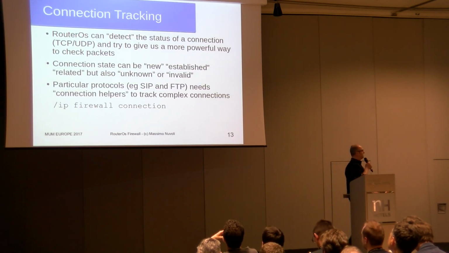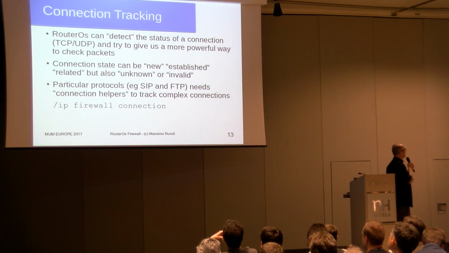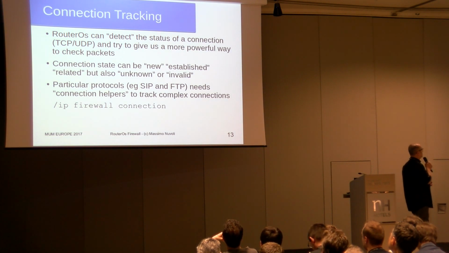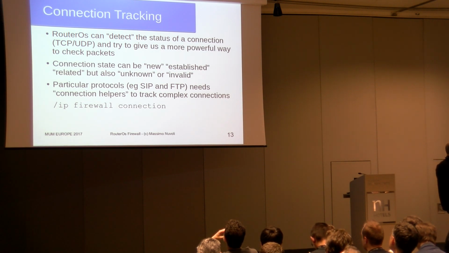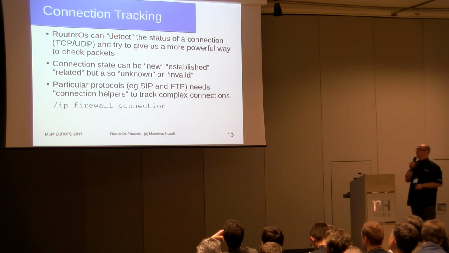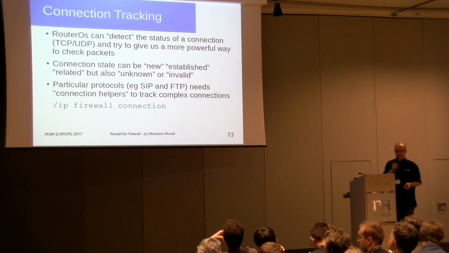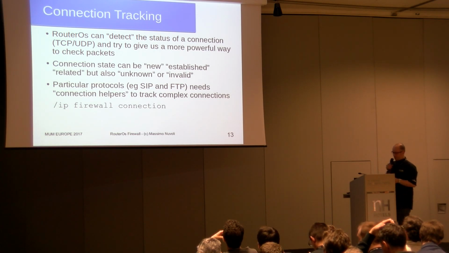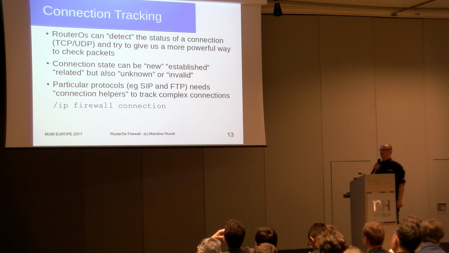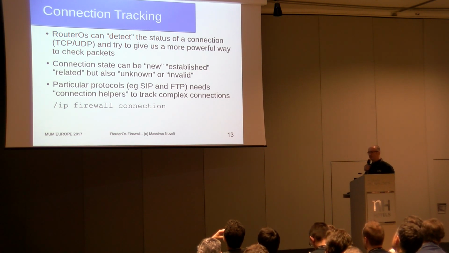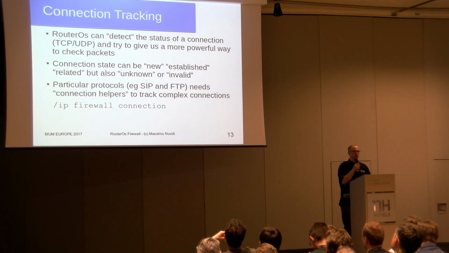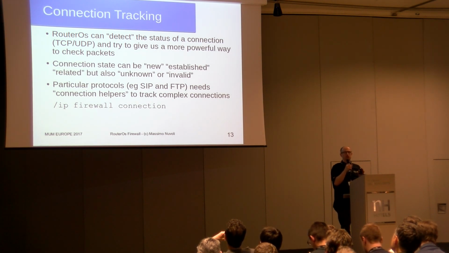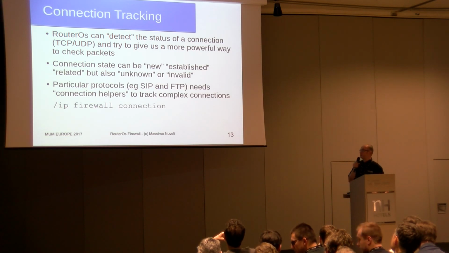First of all, we need to talk a little about connection tracking. Connection tracking is a way that all operating systems that do networking work. It can also be disabled. But in the normal way, you have a system that detects the connection at network level. Even with TCP and UDP, it is not so difficult to understand what the connection is.